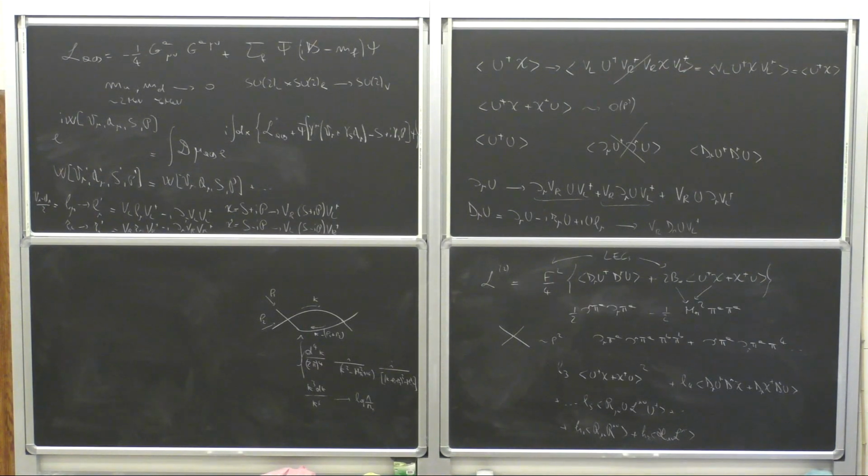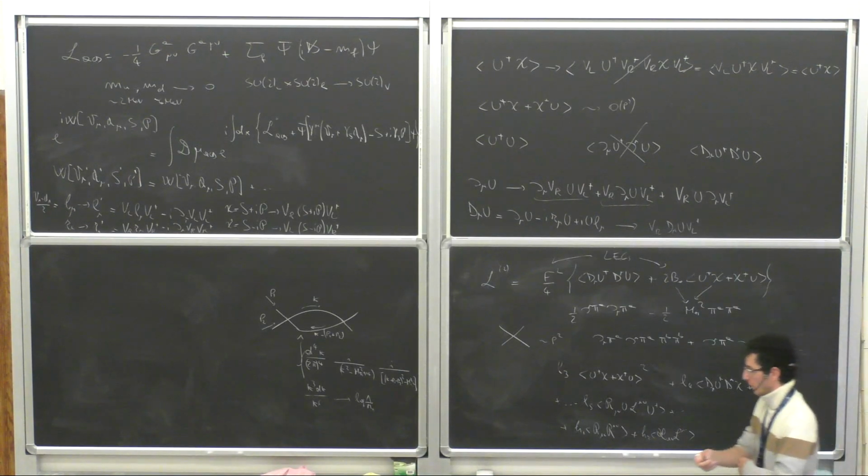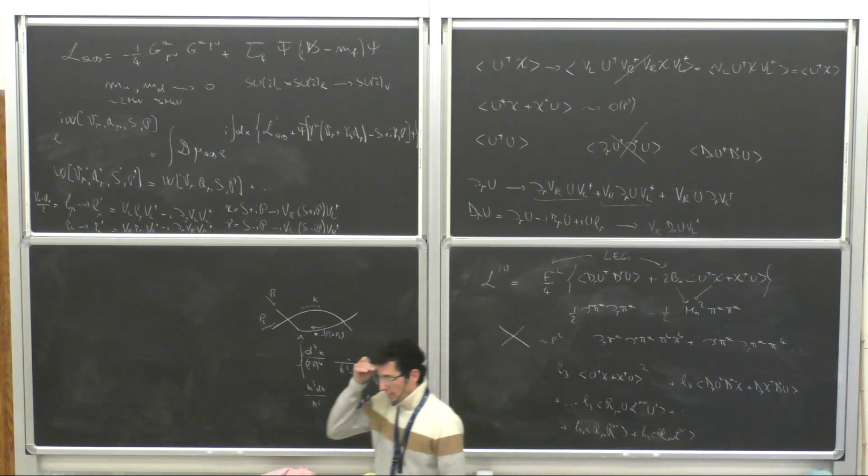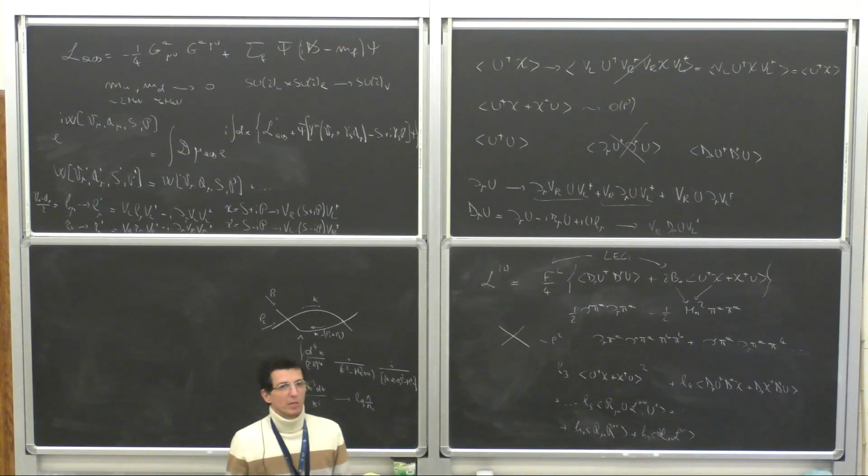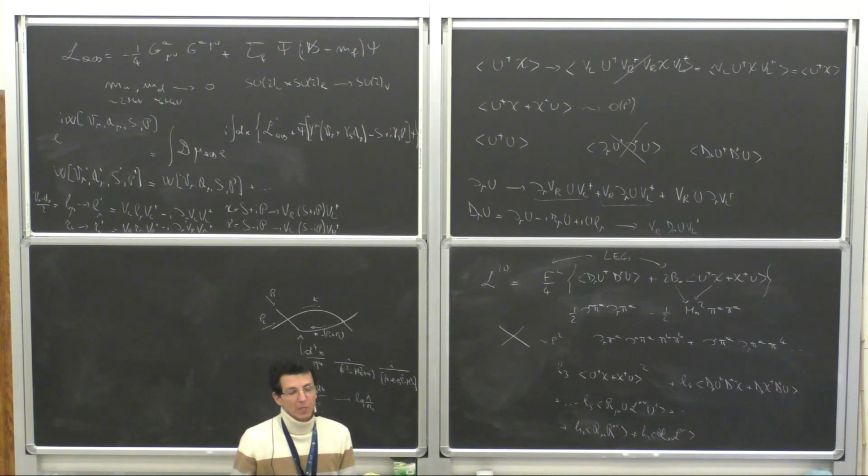So the effective theory is, in some sense, renormalizable. Simply, the coupling constants that you have to renormalize are infinite in number. This was realized by people in the 70s. The important thing is the so-called order by order renormalization.